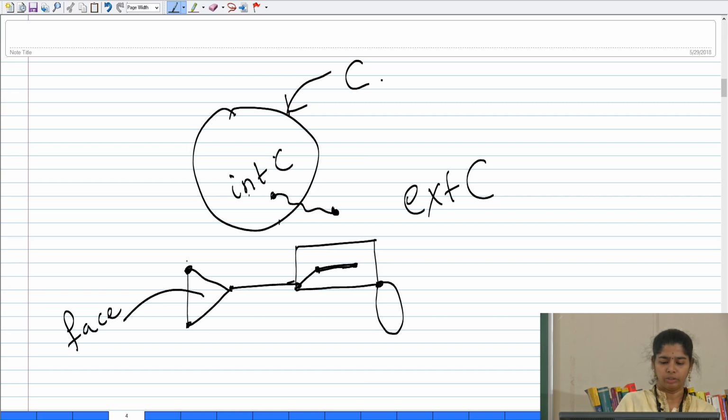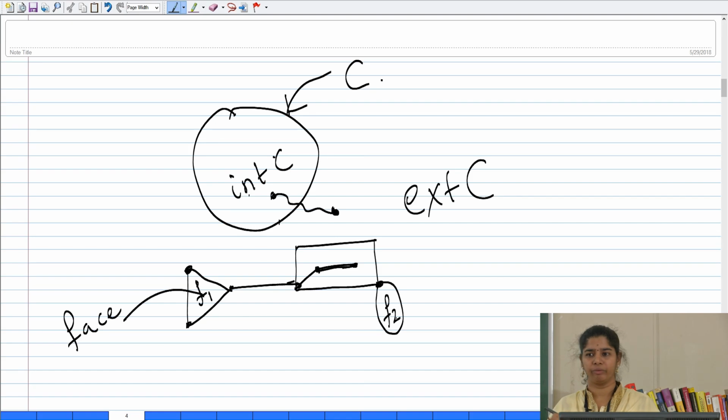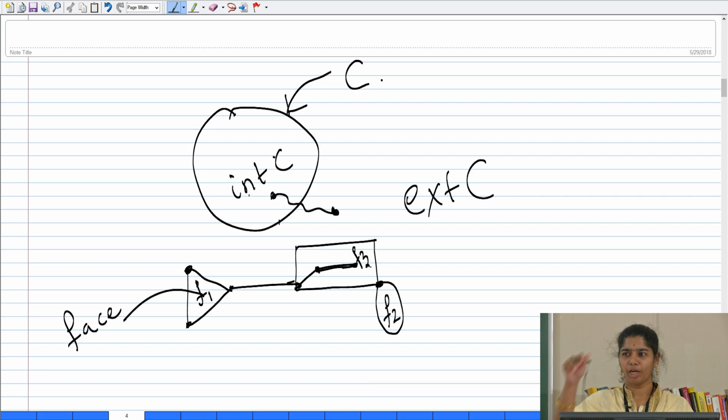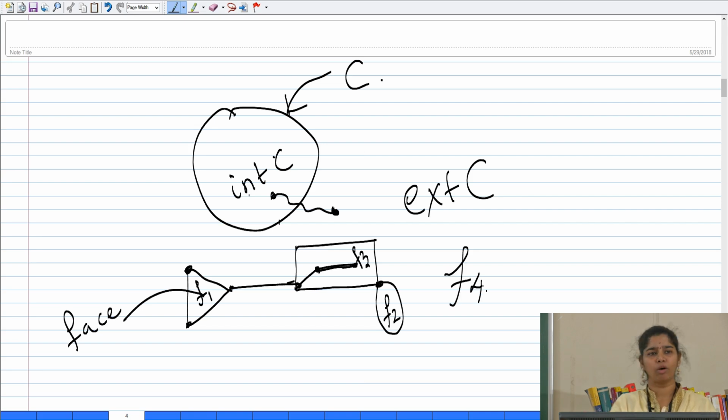So, the first face is this, let me label it as F1, another face is this loop, face F2, and this is face F3, then the outer unbounded face, right. Usually the unbounded face is what we call the exterior. If it is a bounded region, then we call it interior, since it has a boundary and the region is bounded.